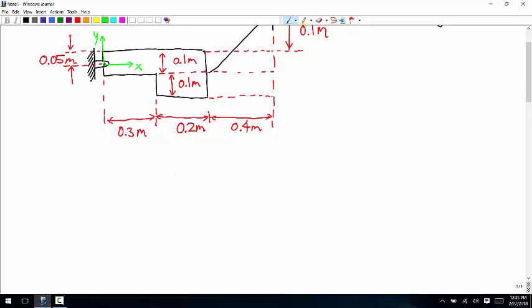Okay, so for the centroid, I'll break it up into these 2 rectangles. I'll call this the first one, and this the second one. The origin's over here.